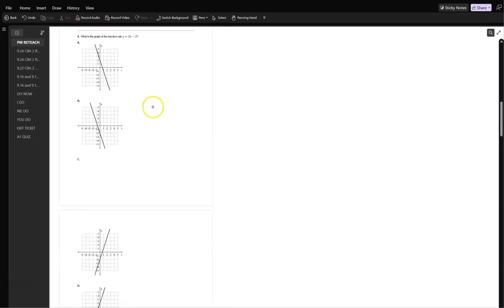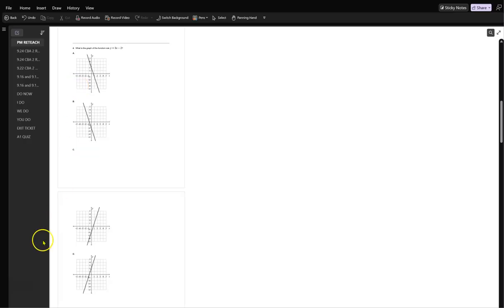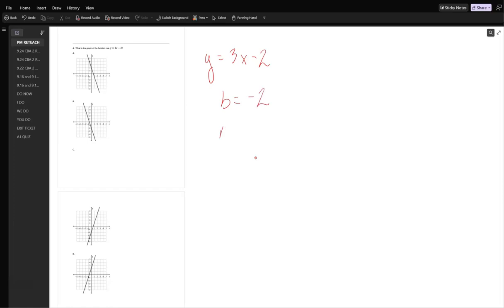Let's get a good look at number 4. Alright, so once again, we're going to take advantage of our knowledge of slope-intercept form. This assures us that our y-intercept is -2 and our slope is 3, which is the same as 3 over 1.